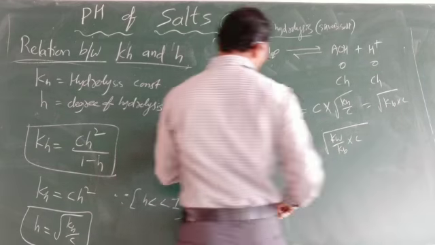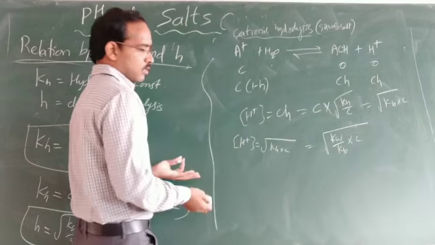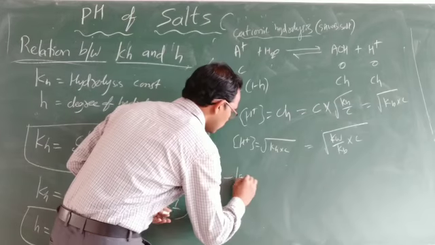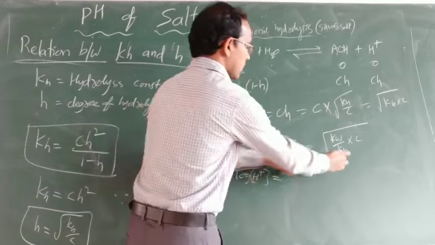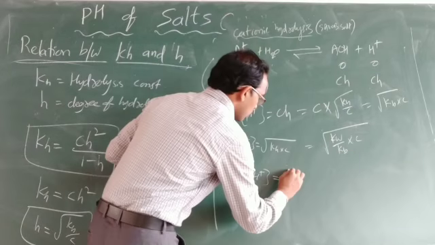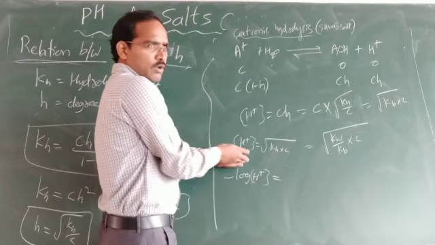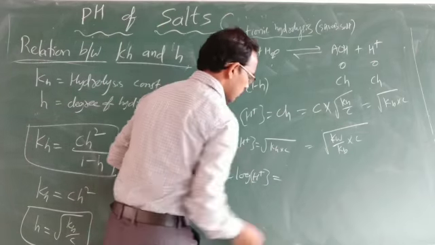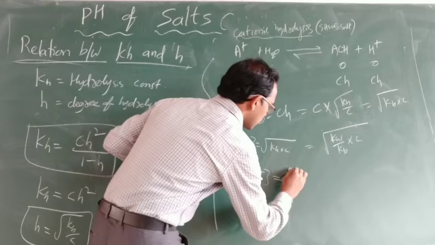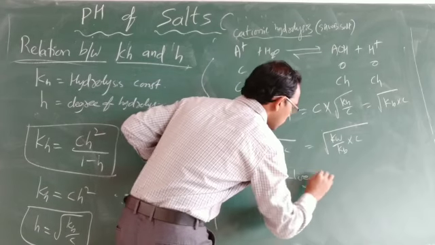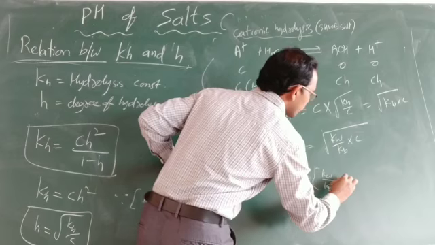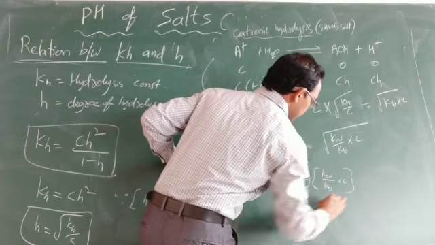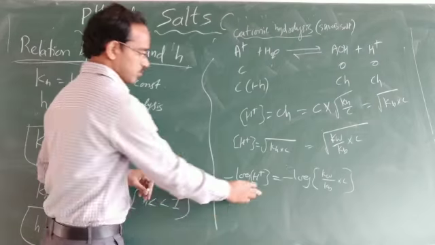Now, if I apply the logarithm, right? Negative logarithm, minus log H plus, that equal, I am taking this one. You can take this one also, one more formula will come, but this formula I want to take. This one, minus log KW by KB into C. Right?